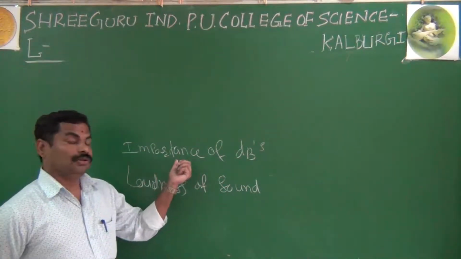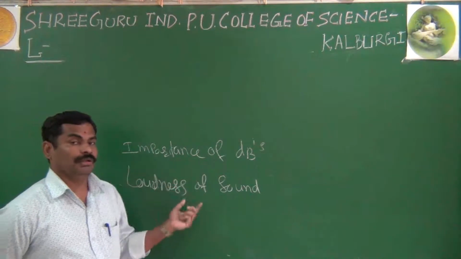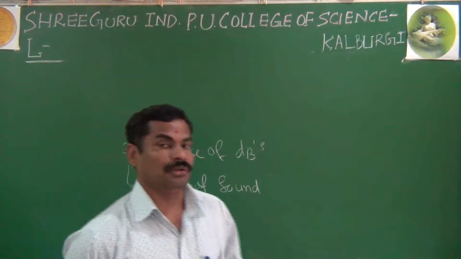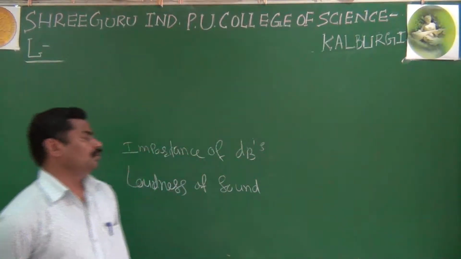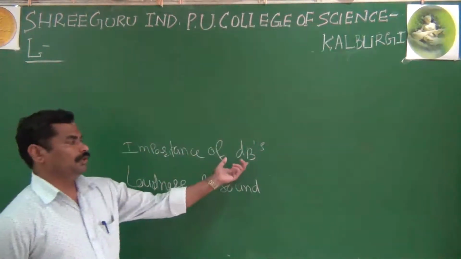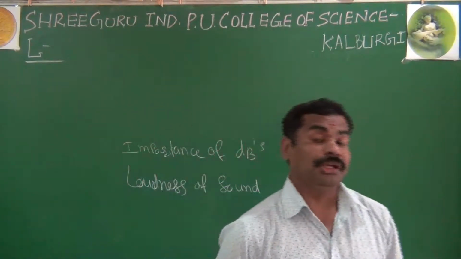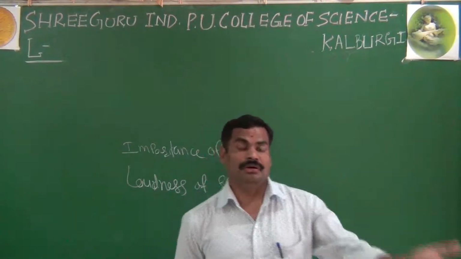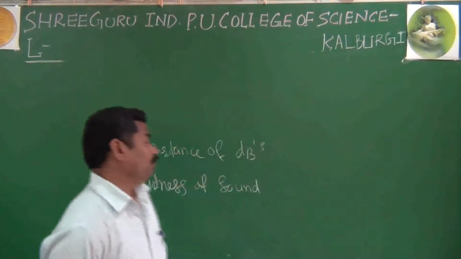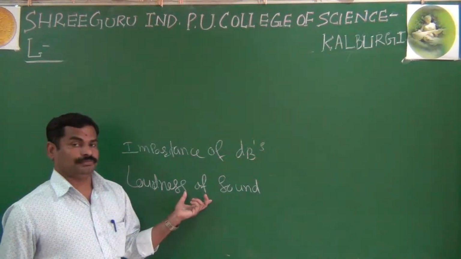I said, what is the importance of dB? Our ear responds logarithmically. And as we know, the unit of logarithm is nothing but dB. And as we know already, the intensity of sound perceived by our ear is not the natural intense sound, it is the logarithmic intensity of sound.